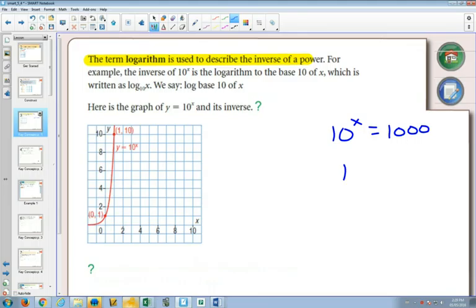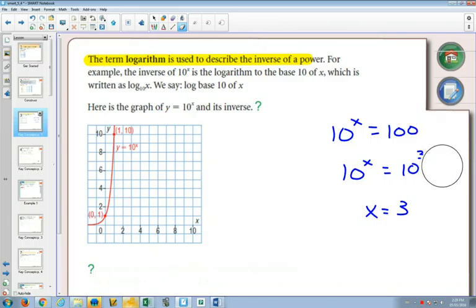Yes, it is, because 1,000 is 10 to the power 3. And then you could solve that x had to be 3. And if I took a 0 off of here, then you would change 100 to 10 to the power 2, and then x would have to be 2.